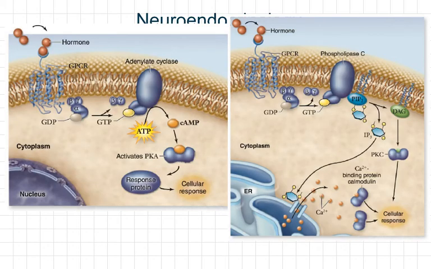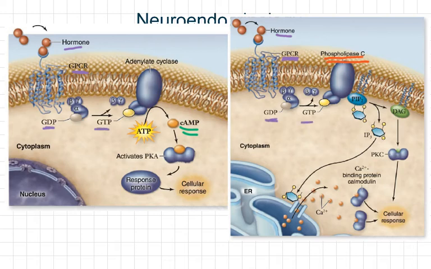And so comparing the cyclic AMP pathway to the phospholipase C pathway, let's put these side by side. Here on the left, we've got the cyclic AMP pathway. And here on the right, we've got the phospholipase C pathway. In both of these mechanisms of action, you have the hormone that attaches to the G protein. We can see that here while I'm highlighting in purple. And additionally, they both activate the GDP and the GTP secondary messengers.